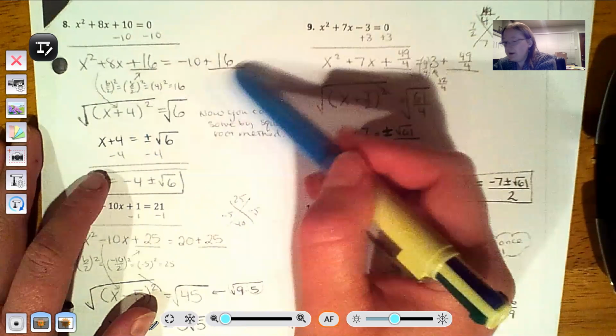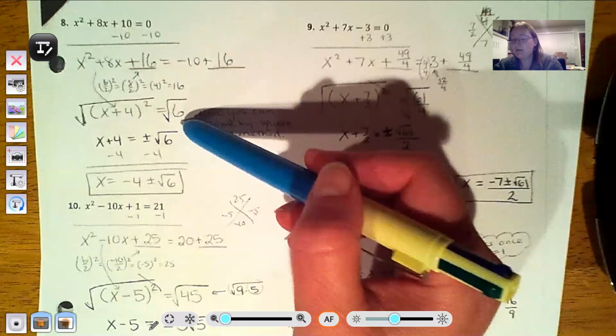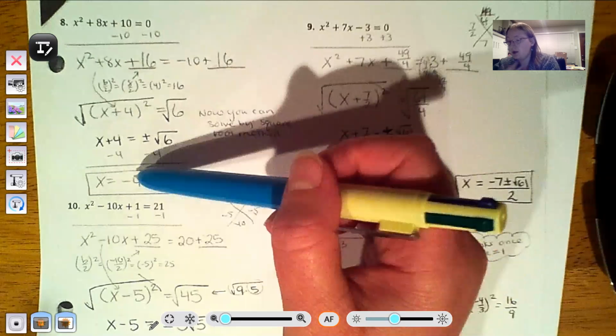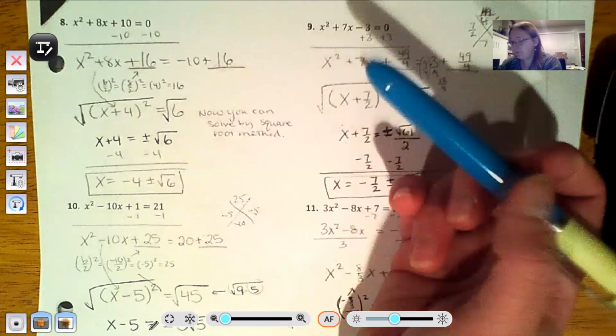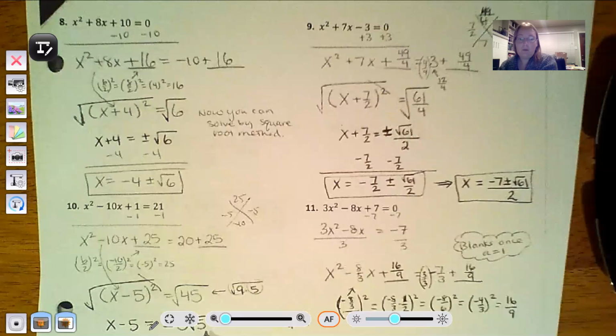Here you'll end up with 6, which cannot be simplified, and so it's just going to be negative 4 plus or minus root 6. We did one just a moment ago, which was this one, where your root could be simplified.